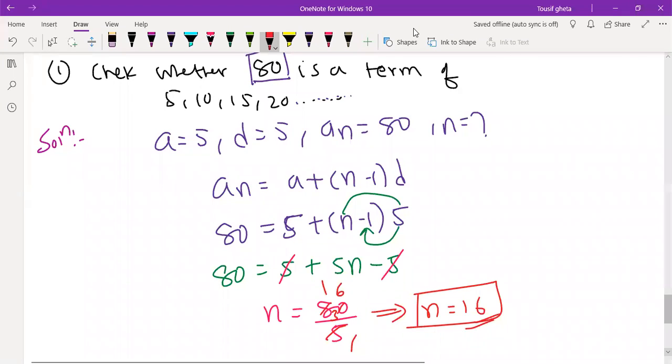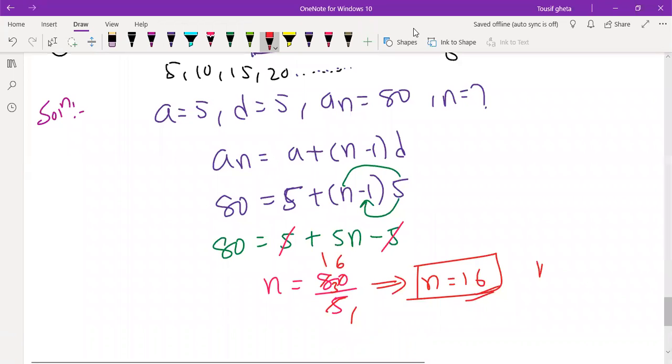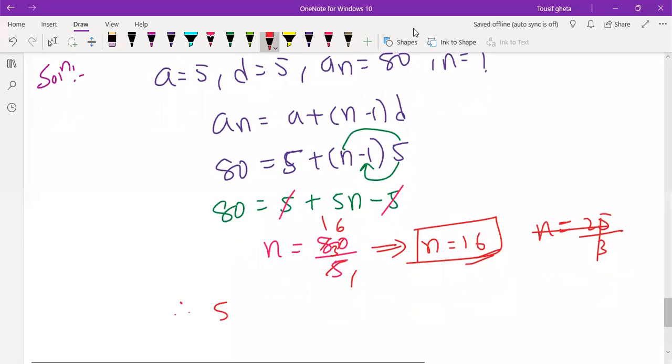As you got N as a whole number, we can say 80 is a term. If you get something like N is equal to 25 divided by 3, some number which is not perfectly divisible, then you should say that it is not a term. If you get N as a whole number, then you should say it is a term. So therefore 80 is a term of the given AP.